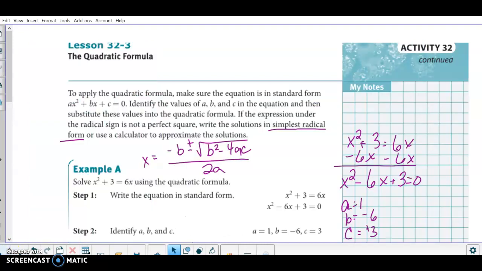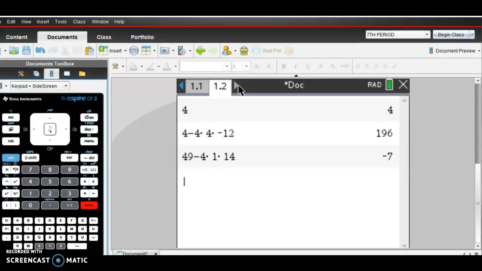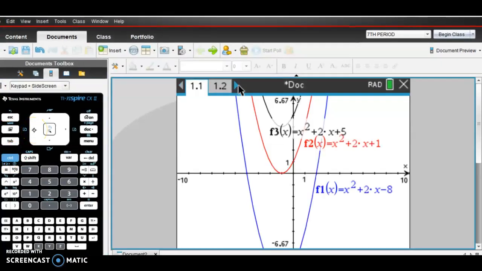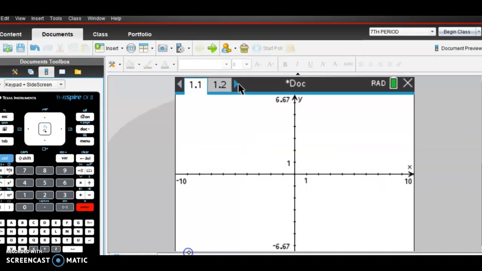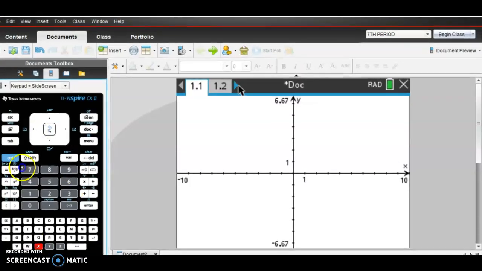Do not hesitate also, if we come back to this, to graph these. So we could read all of this. We go back to letter A, but we need to put it in with everything in standard form. So we would say 3x squared minus 4x minus 3.